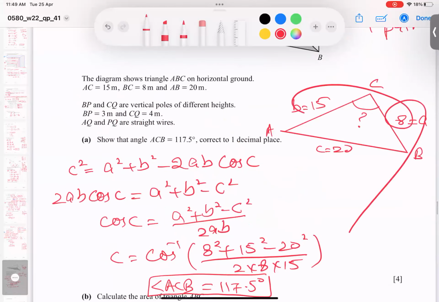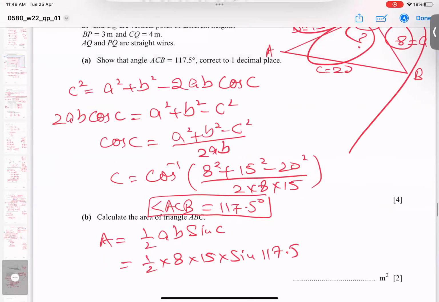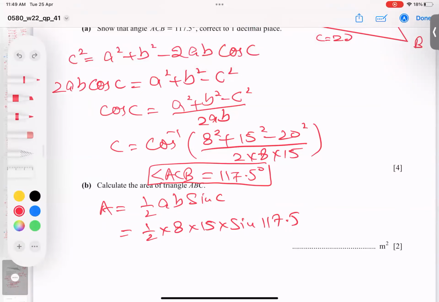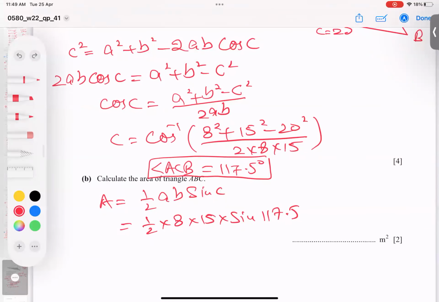Repeat this: A, B, and sine C. I hope it's a clear idea. Now type in the calculator. So the area of the triangle is coming 53.2 to 3 SF, meters square.